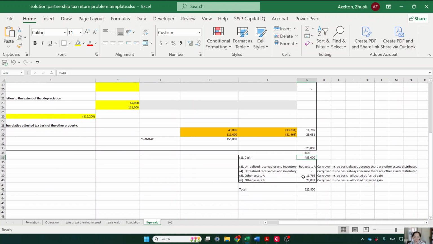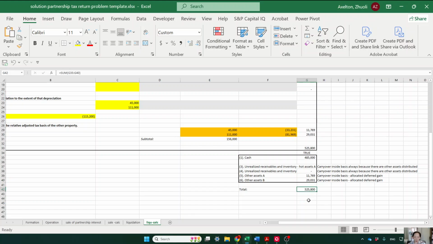Once all that's done, the cash is 485. There's not much you can write down because we cannot write down cash value. And the other assets will have their basis reduced accordingly to match the allocable basis.